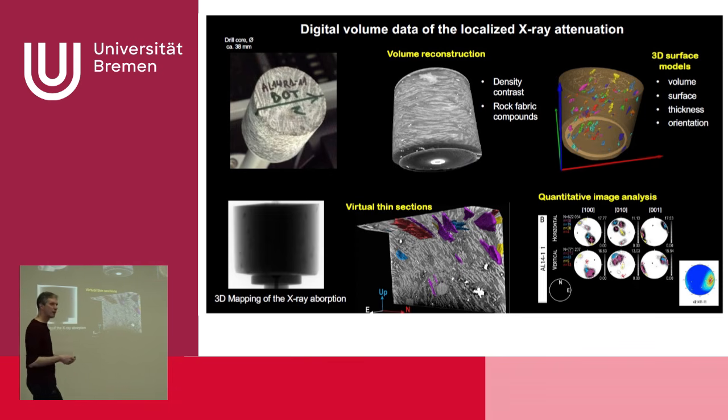Really nice things you can all measure from segmentation of certain phases, fabric components in your sample. For example, in terms of this orientation, I could do these kinds of things here and relocate it in the field.